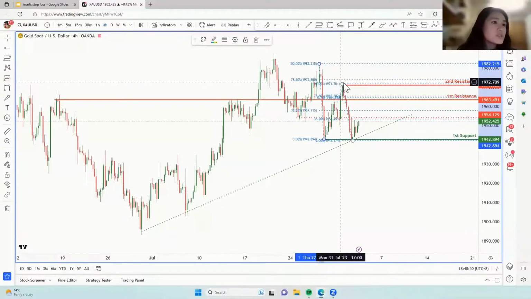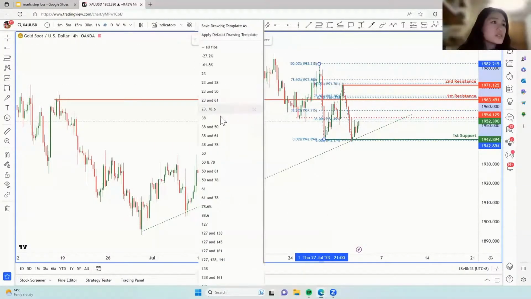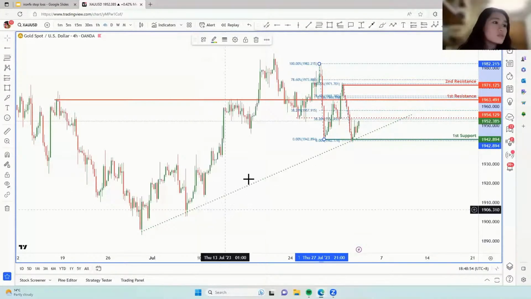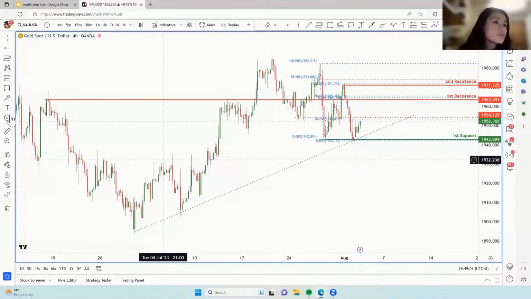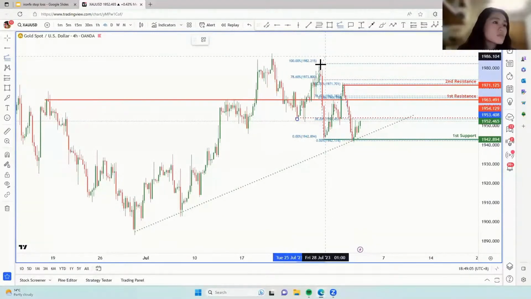Okay, my 78.6 also lines up with my second resistance. Okay, I think that's about it.